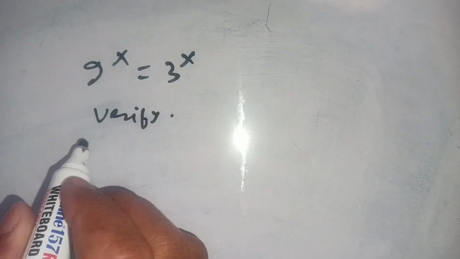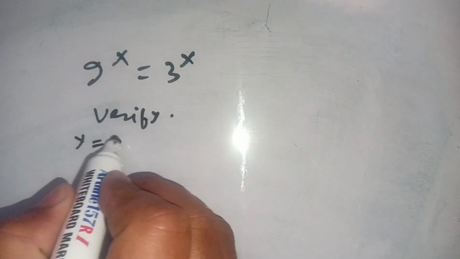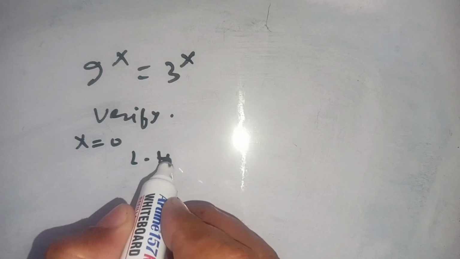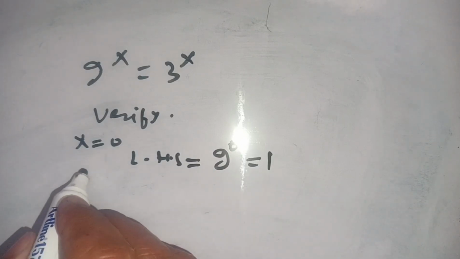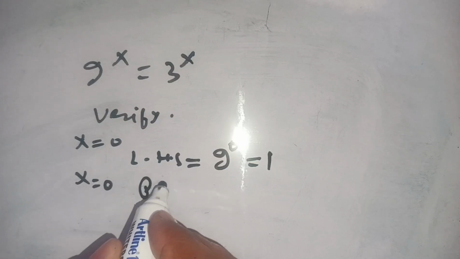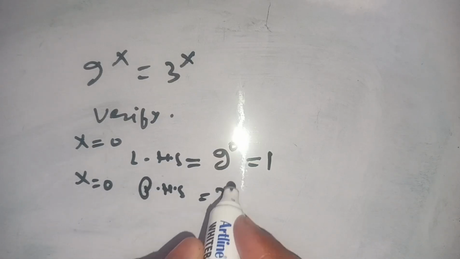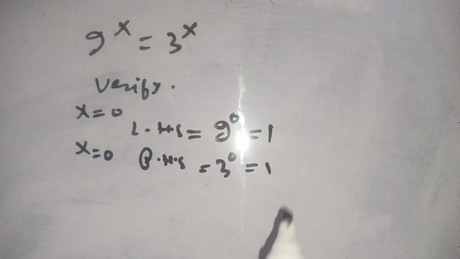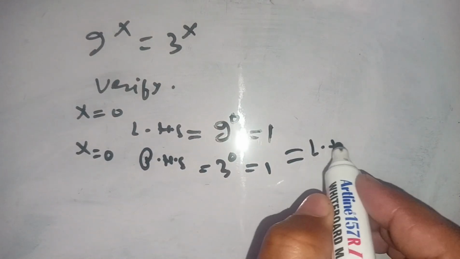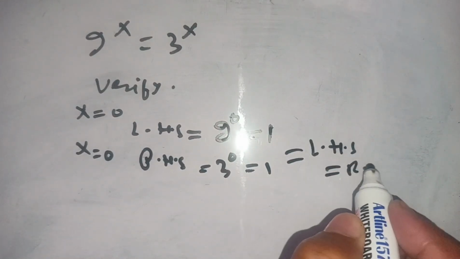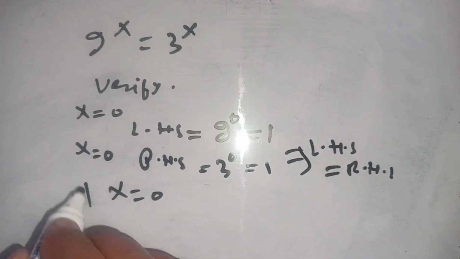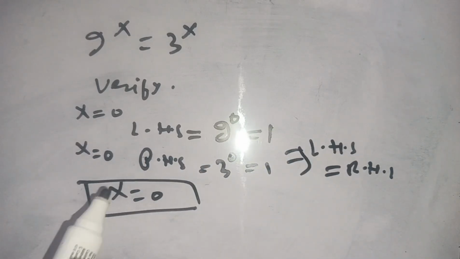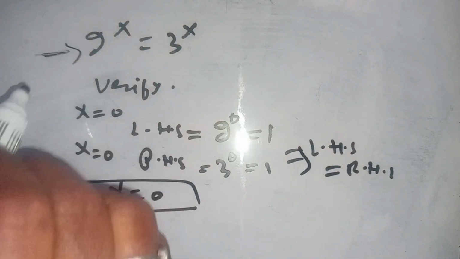When we take x is equal to 0, our left hand side is 2 power 0, which is equal to 1, and our right hand side is 3 power 0, which is equal to 1. So left hand side is equal to right hand side. Thus x is equal to 0 is our required value of x, which satisfies our given exponential equation.